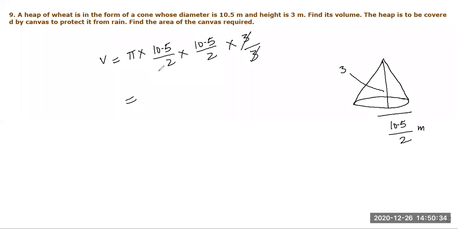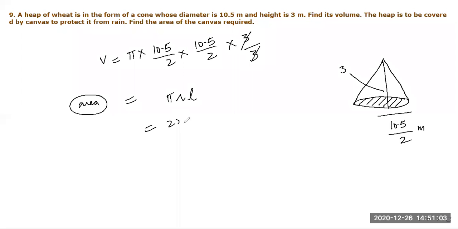Now, a heap is to be covered by a canvas to protect it from rain. Find the area of canvas required. How will we find the area of canvas to cover this? Obviously we don't have to cover the bottom, otherwise the whole heap would have to be removed. So we only have to cover the curved surface area, which is pi r l.